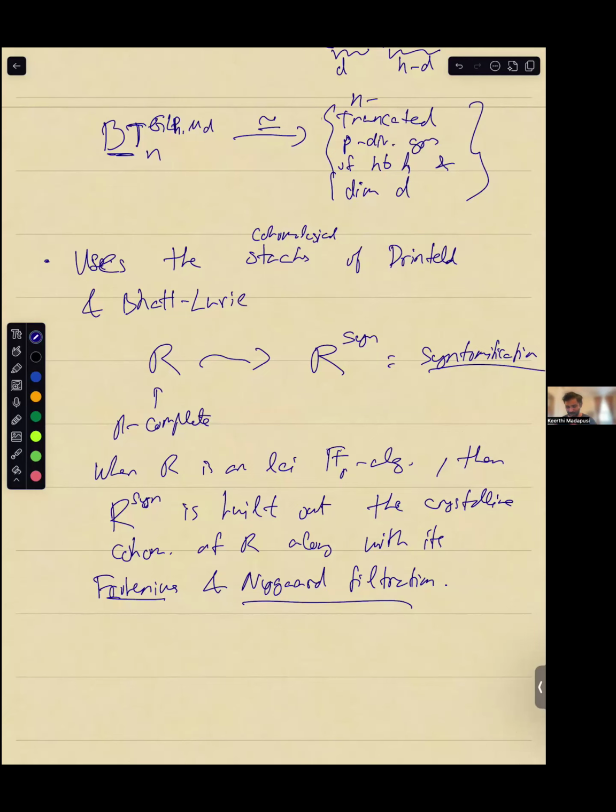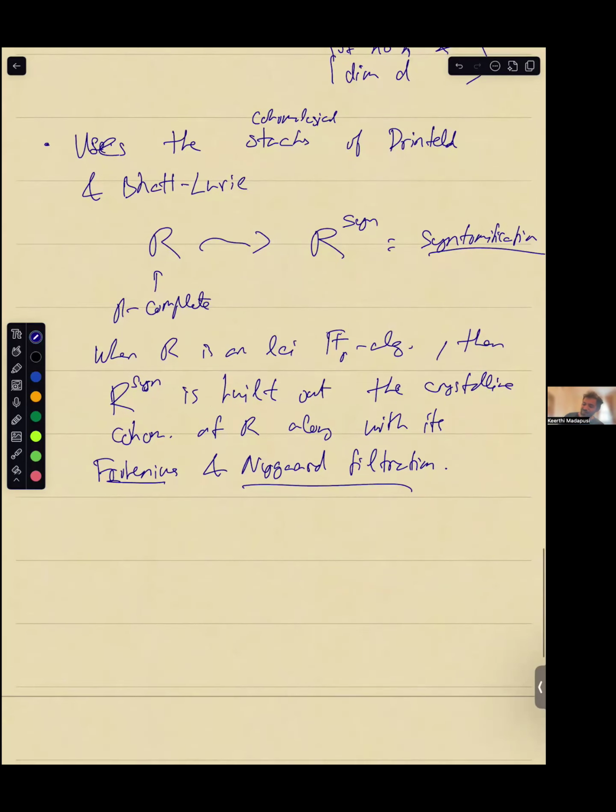So I'm not going to say anything about what this stack is, but what I can tell you is that this stack is sort of the recipient of the crystalline cohomology of R itself, but also the crystalline cohomology of schemes living over R. In particular, if I want to do it for any R, then I have to work with prismatic cohomology. But one thing about it is that crystalline or prismatic cohomology knows about de Rham cohomology, and it knows about the Hodge filtration on de Rham cohomology.